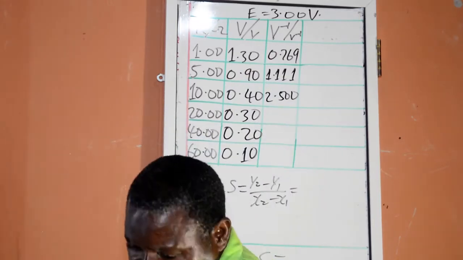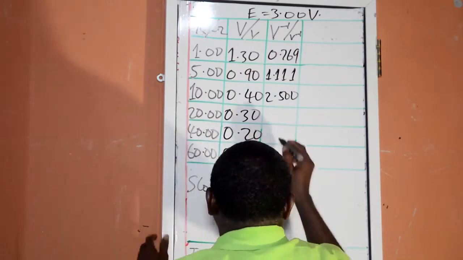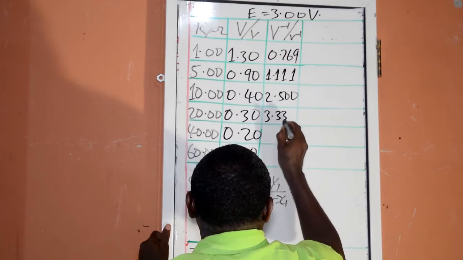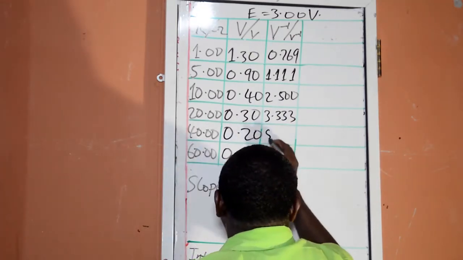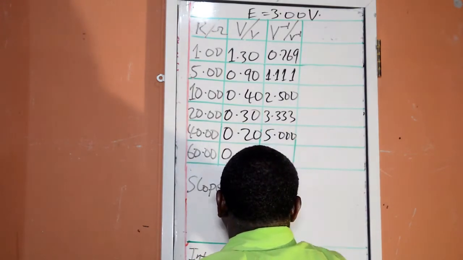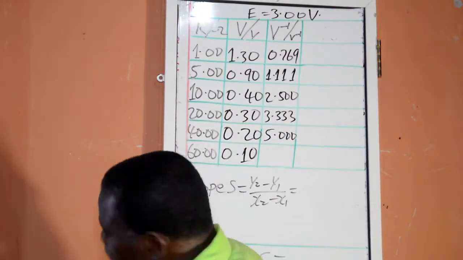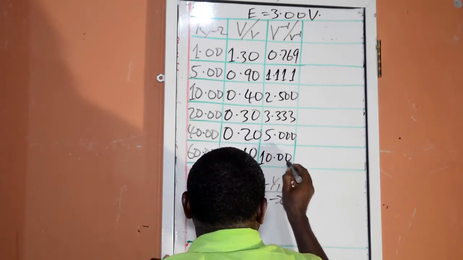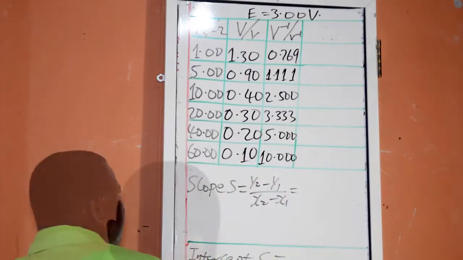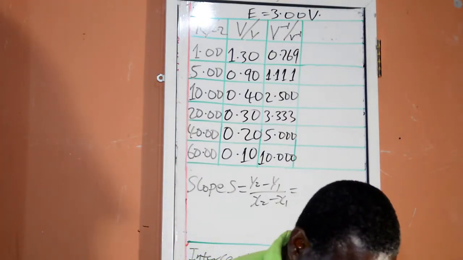The inverse of 0.3 is 3.333. The inverse of 0.2 is 5.000. The inverse of 0.1 is 10.000. Let's plot the graph.